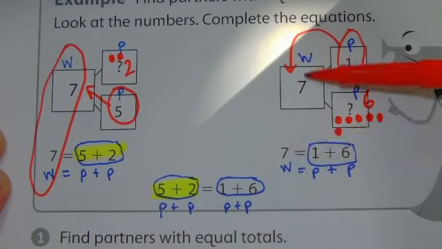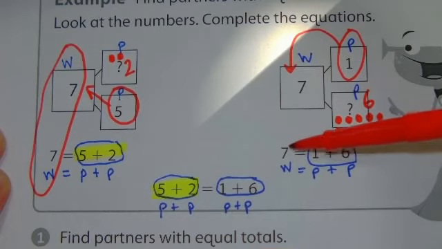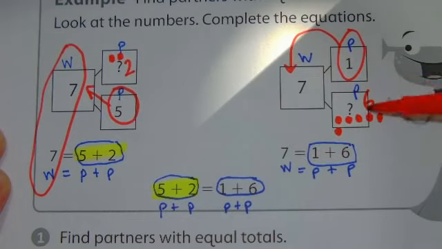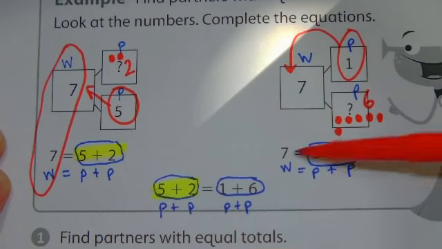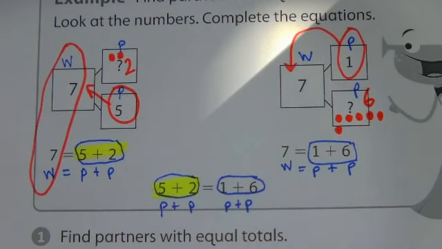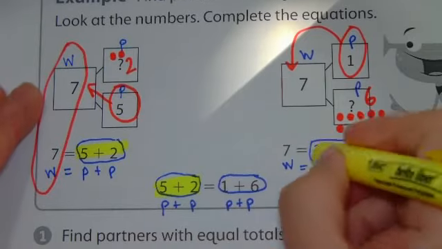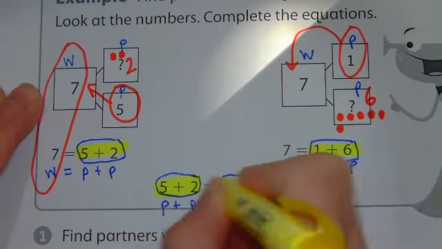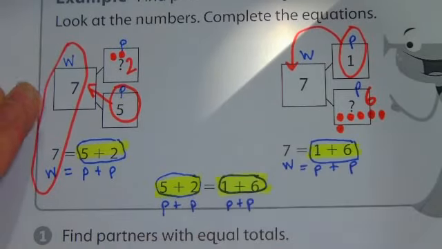So we have our whole is the same, right? We know the total is 7 and 7. Okay, we have 1 plus 6 is 7. And then they took the 1 plus 6 over here to make it equal right there.